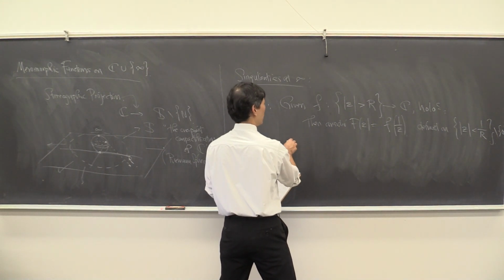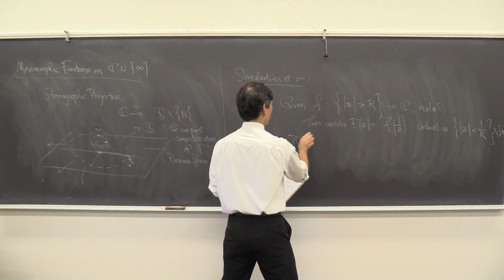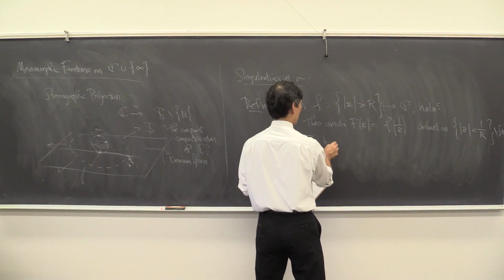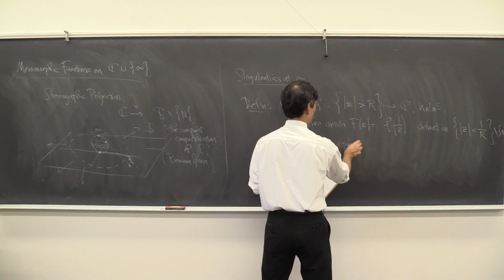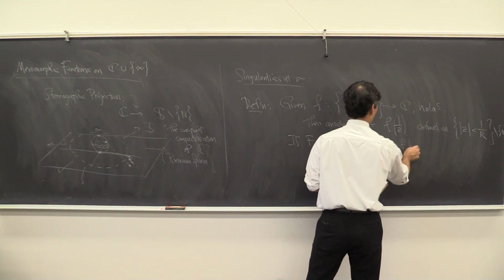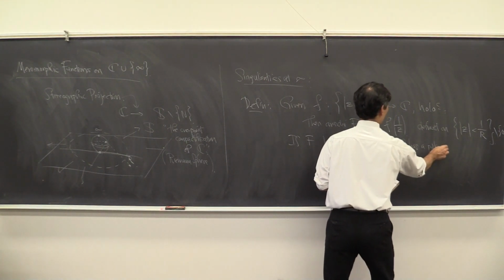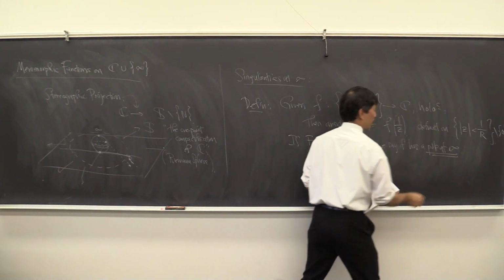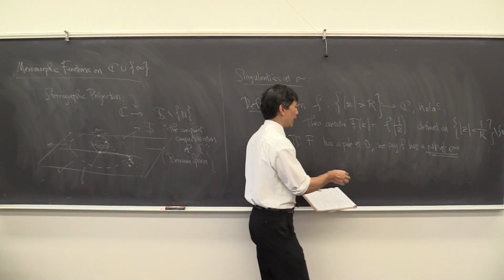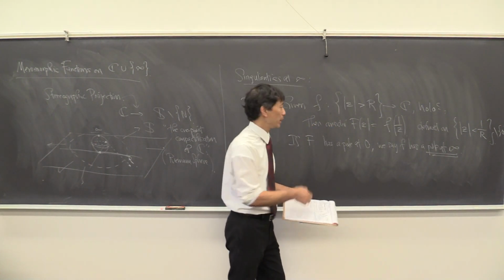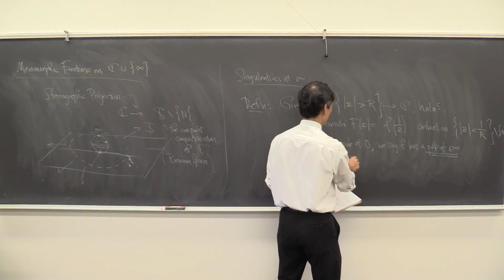So if that thing has a pole at 0, we say little f has a pole at infinity. Or if it has an essential singularity at 0, we say it has an essential singularity at infinity, et cetera.